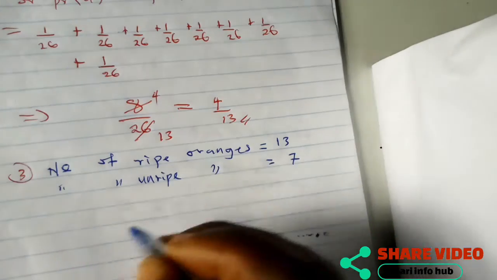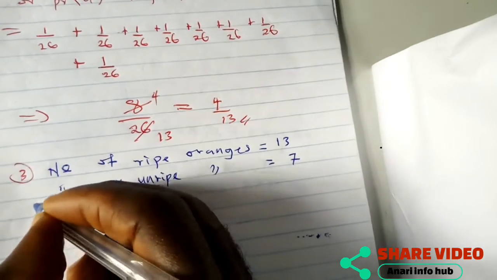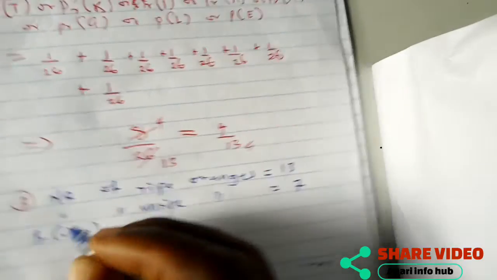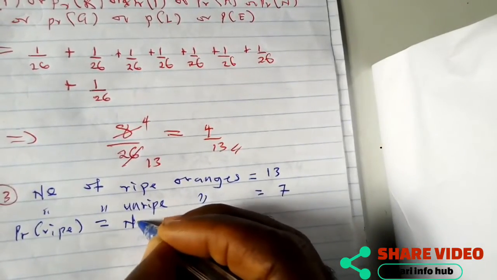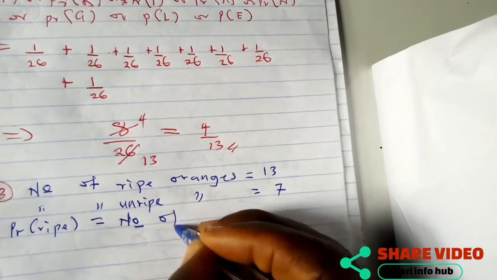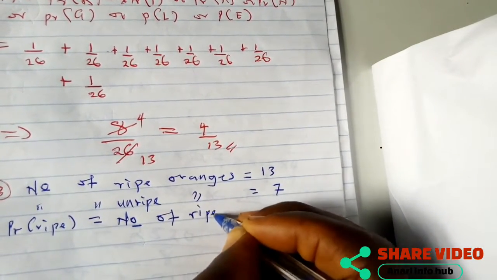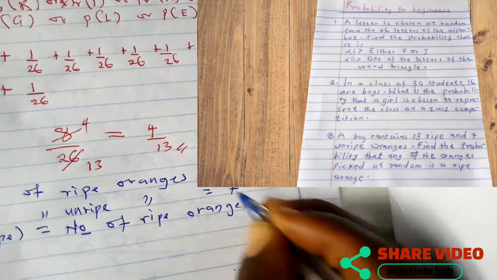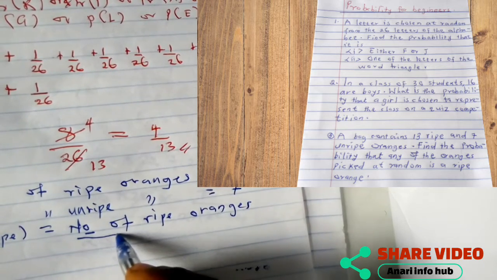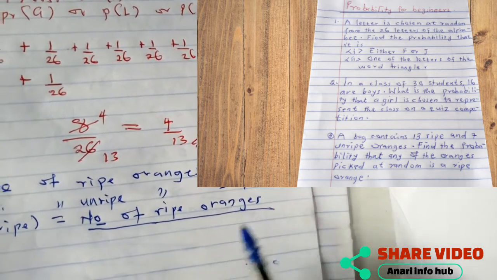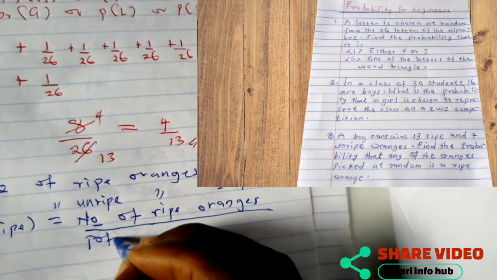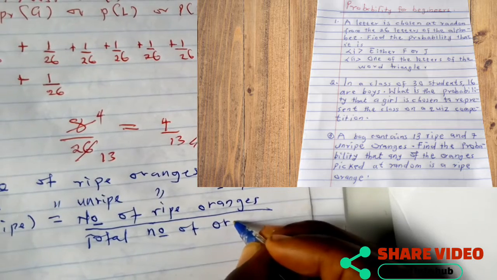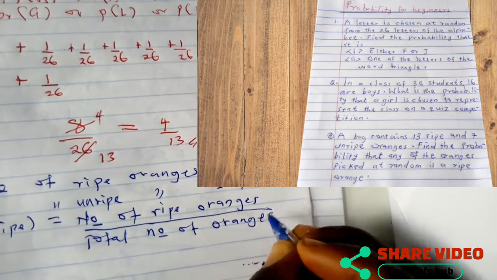Now the probability that one picked at random will be ripe equals the number of ripe oranges divided by the total number of oranges.